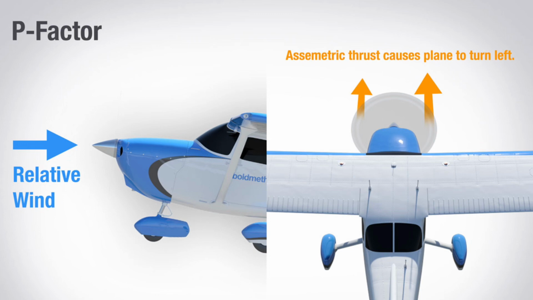is due to the propeller, as the descending blade will take a bigger bite of air or have more force than the ascending blade, causing the plane to yaw to the left. Torque effect also has to do with the propeller and engine, as looking from the cockpit from the pilot's perspective, the propeller is rotating clockwise.